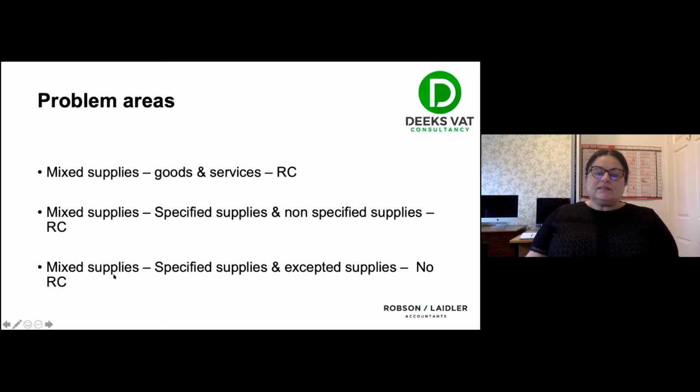So where you've got a mixed supply that is a mixture of specified supplies and excepted supplies, then this doesn't fall within the reverse charge procedure. So this is effectively where the supplies and construction services that would normally be within the CIS scheme are made to an end user, or an intermediary, I should say, not an end user. So it's where the parties are connected. Then in that case, the reverse charge doesn't apply.